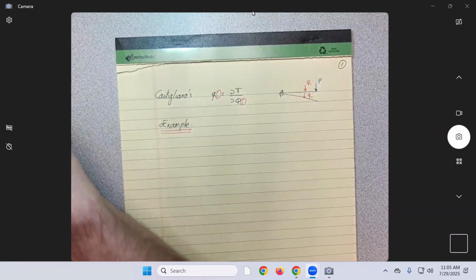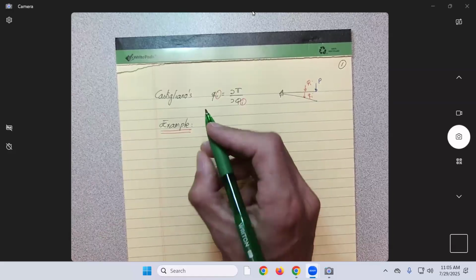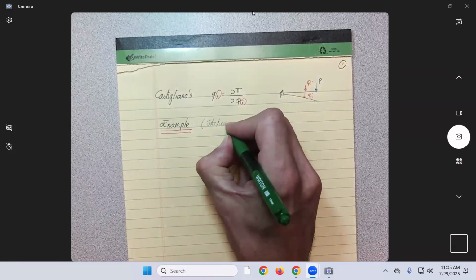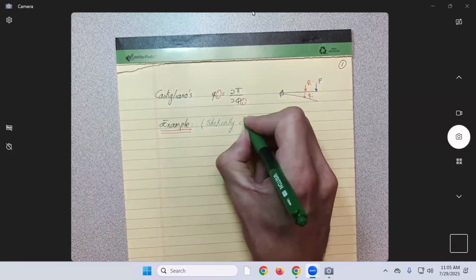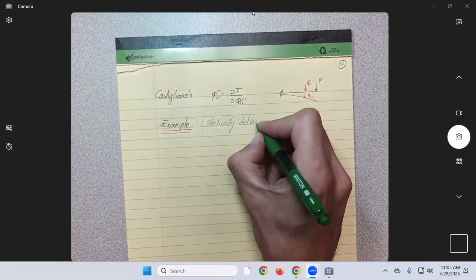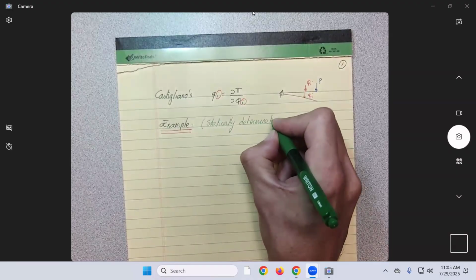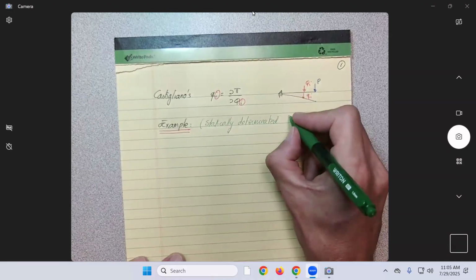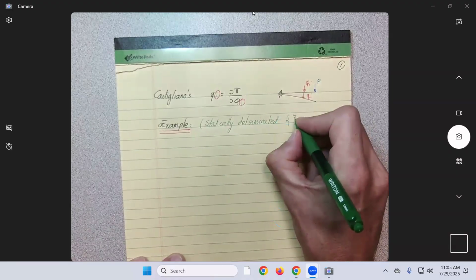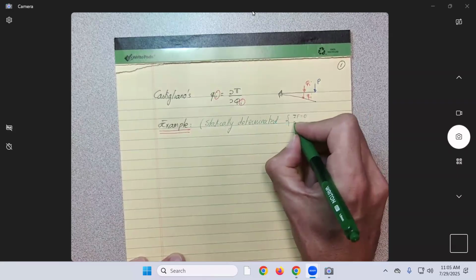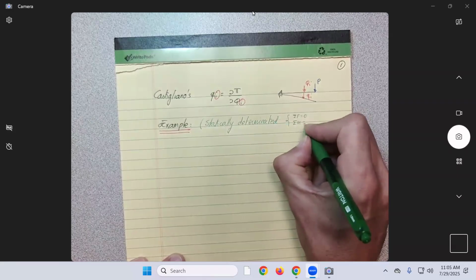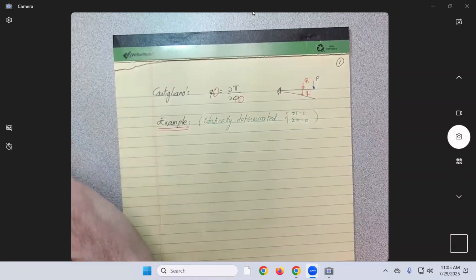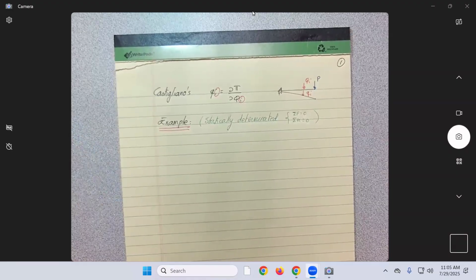This example is for a problem that we're going to say is statically determinate. So what does that mean? That we should be able to solve it by just applying the equations of equilibrium, summation of forces equal to 0 and summation of moments equal to 0.